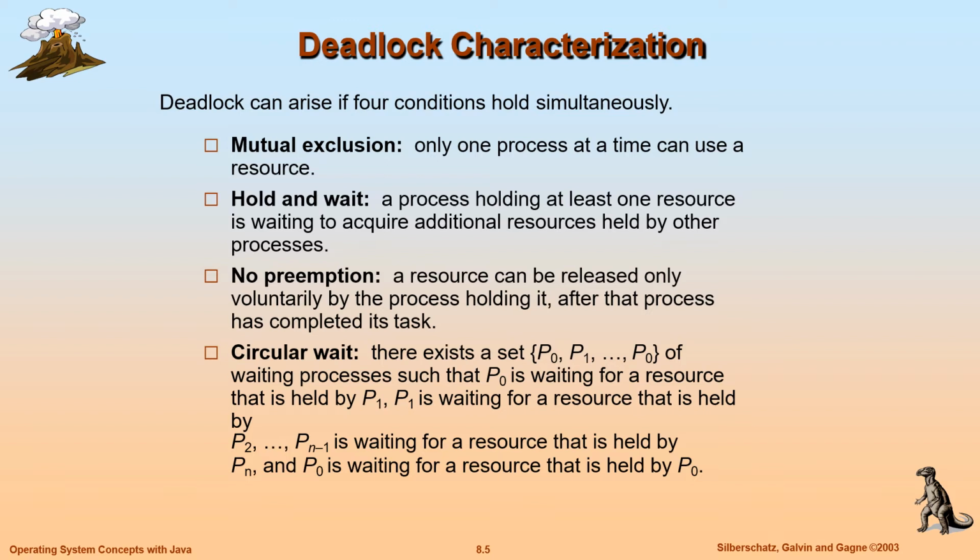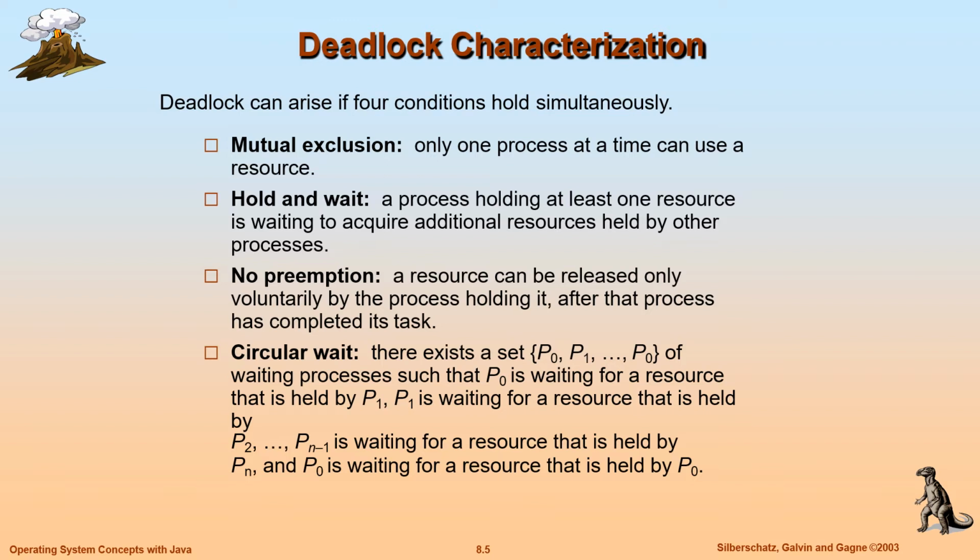First one is mutual exclusion: only one process at a time can use a resource. Any resource can be used by only one process.